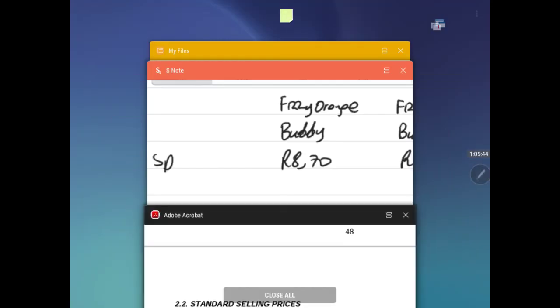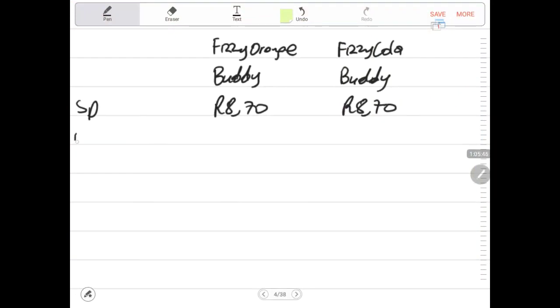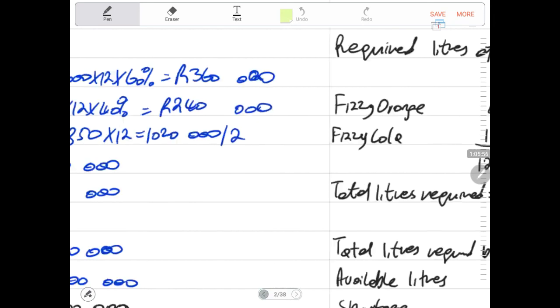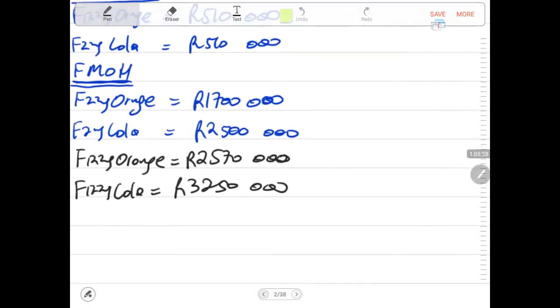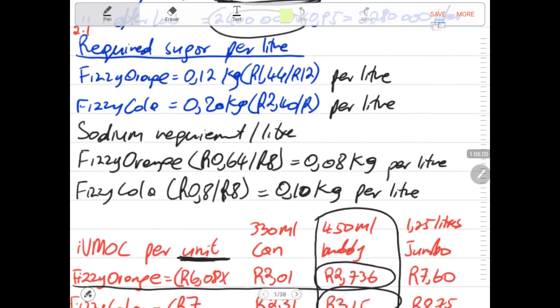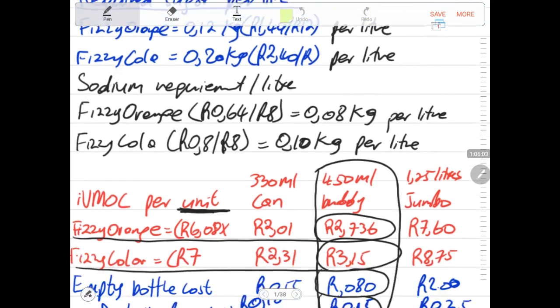Then we have the in-house variable manufacturing overhead cost, only for the body. That's our focus. We're looking for the variable cost. Remember, we're doing the contribution.